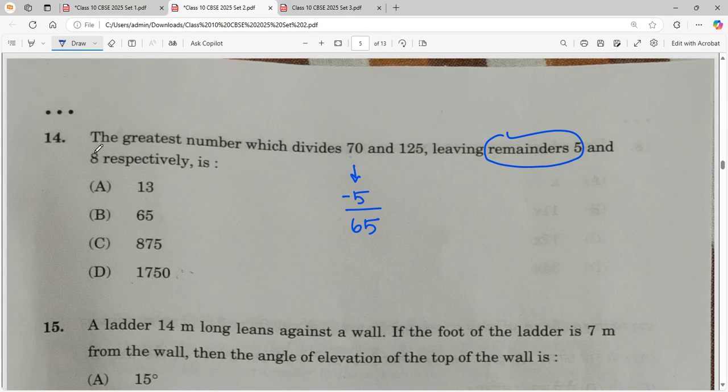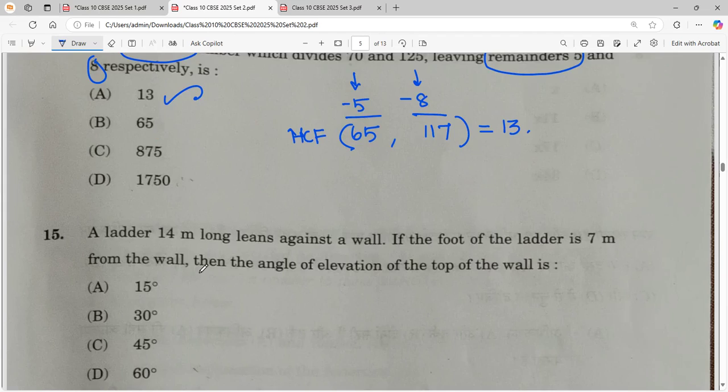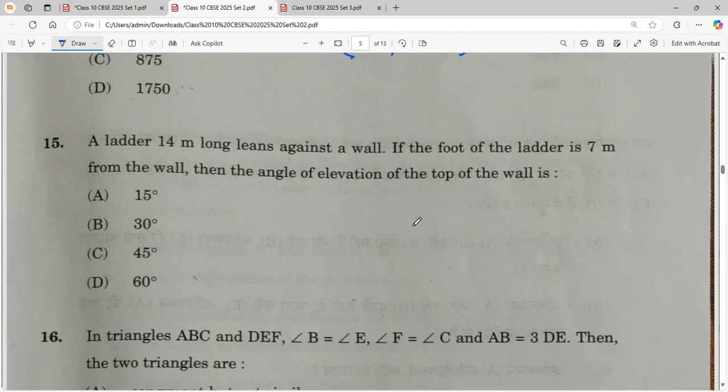It leaves the remainder of 8, so I'm going to subtract 8 from 125, it becomes 117. So between 65 and 117, the greatest such number, which means the highest common factor between 65 and 117, is equal to 13.